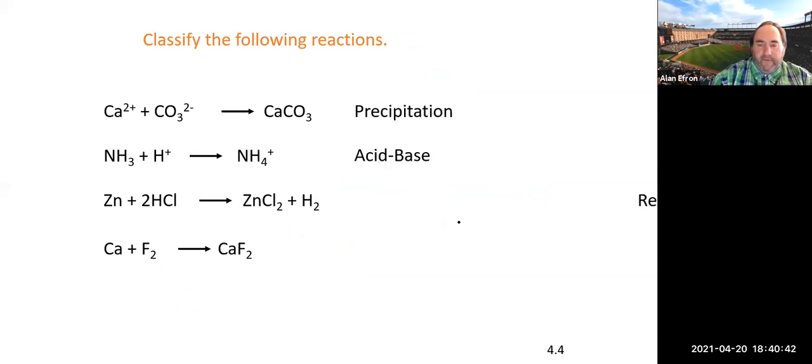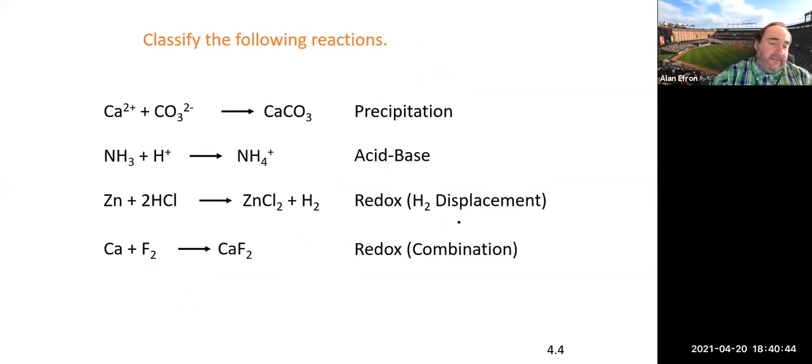So just a few different ways that we could classify these reactions. As we've talked about, there's a number of different ways to classify even the same type of reaction. It does depend on what you're looking at. So in most cases, people will try to classify them based on one aspect or the other. A lot of times in general chemistry, the classification doesn't necessarily always focus on redox.